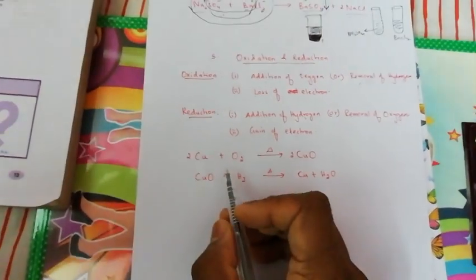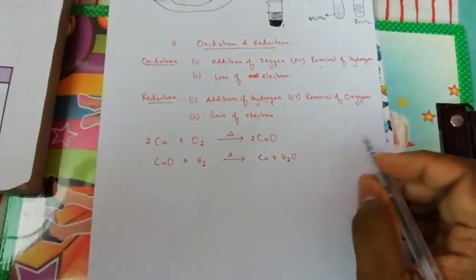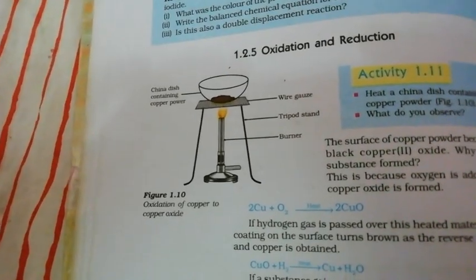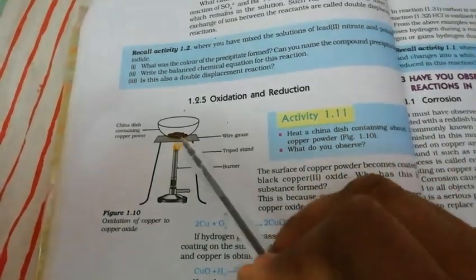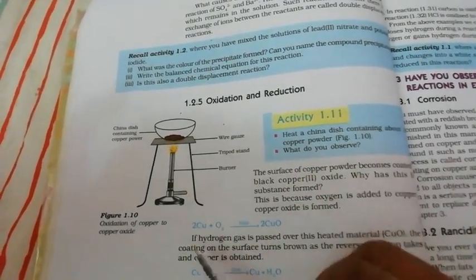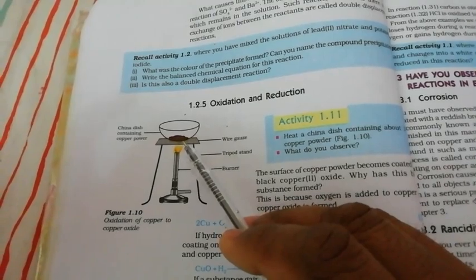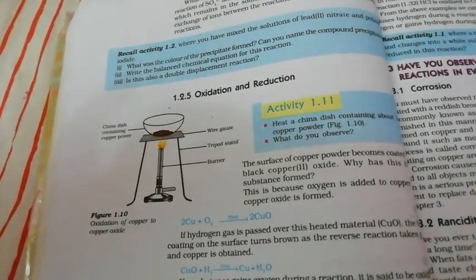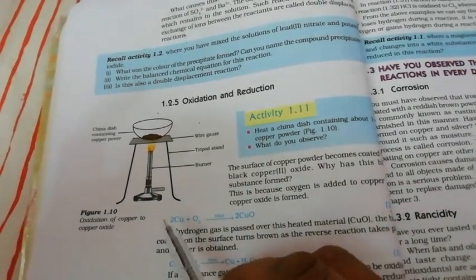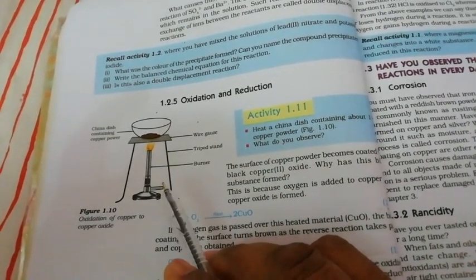Okay, let's give an example here. We'll take an example which is given in your book. An activity is there. You can check this activity. Figure 1.10, 1.2.5 oxidation and reduction. Take a china dish and add some copper. You know what is the color of copper? It's a shining, brown color one.